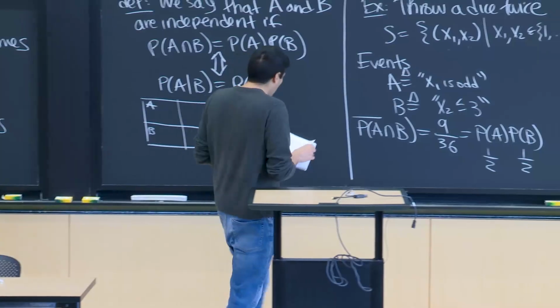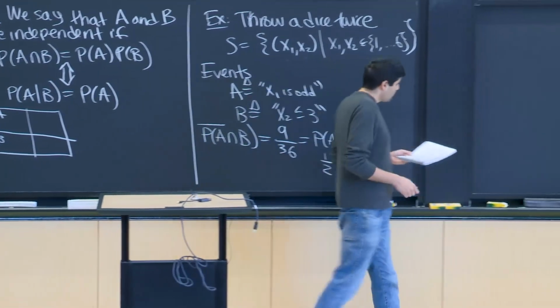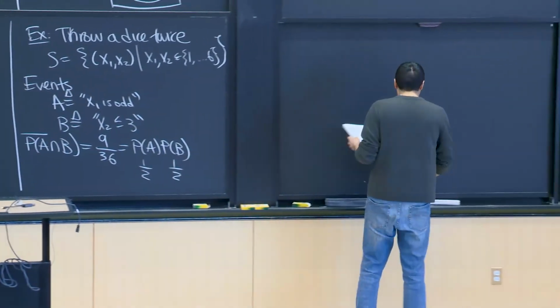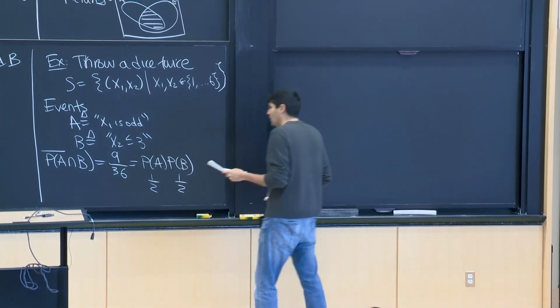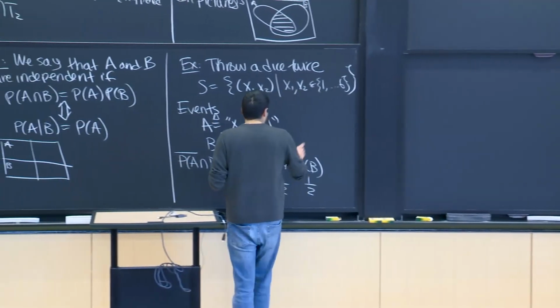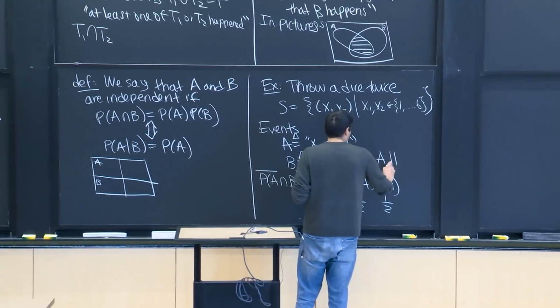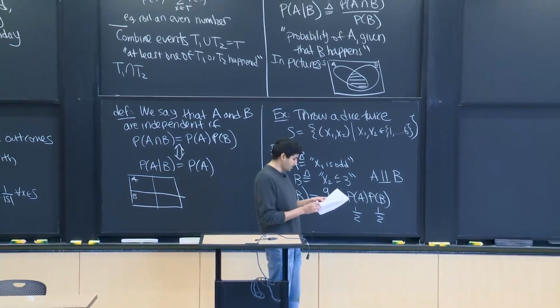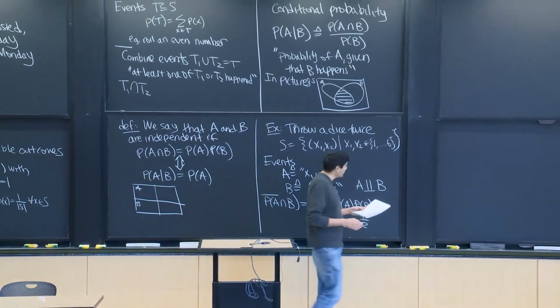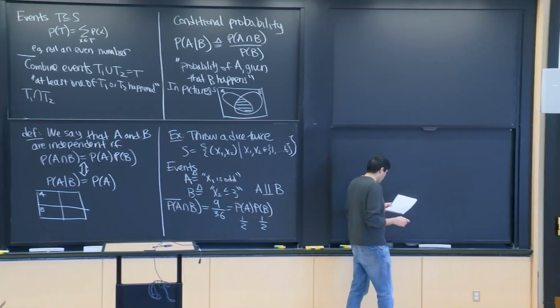But independence is a bit more counterintuitive than that because there are other ways that events can be independent that satisfy our definition that aren't so easy to check. Let me also mention that a lot of times we use the shorthand, which just means that A and B are independent as events.